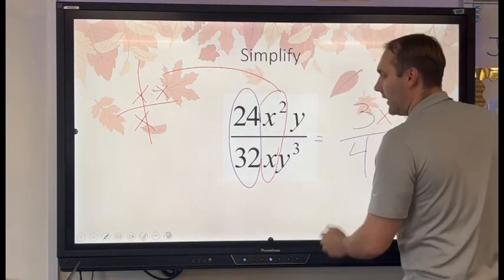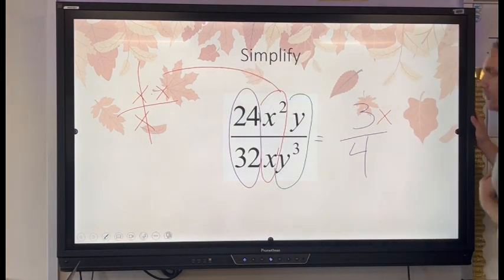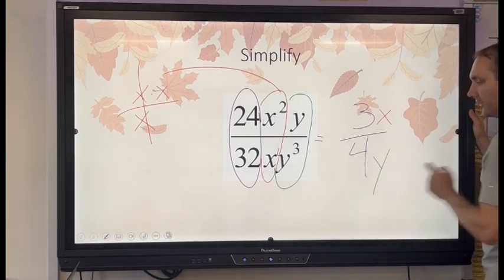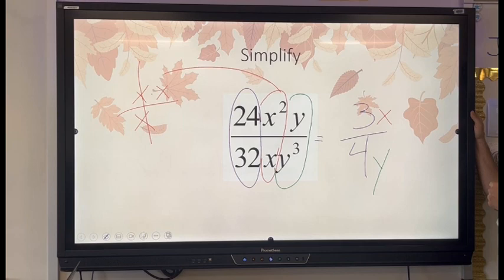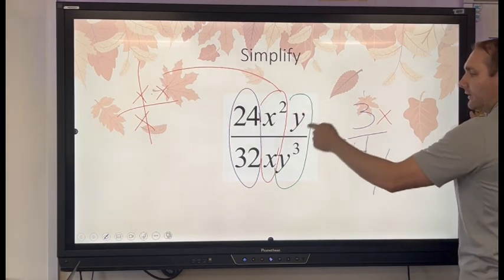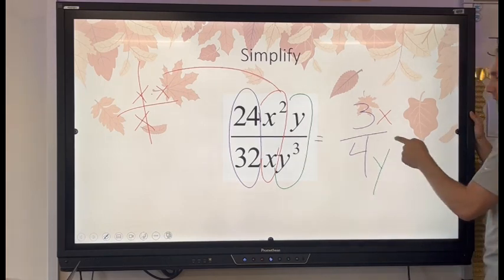So let's look at y. Y over y cubed. Where's my largest exponent? The biggest power is on the bottom, so my y is going to stay on the bottom. Does that make sense? I'm going to take the top y, 1 away from the bottom, which has 3, and I'm left with what? A y squared.